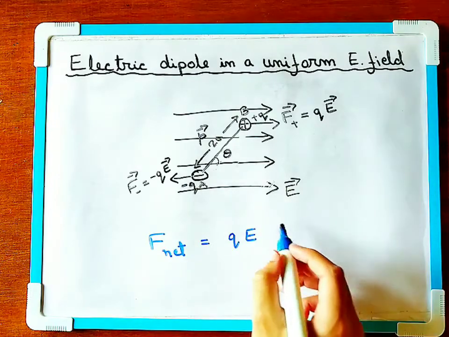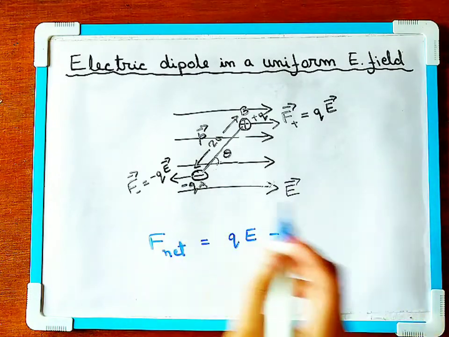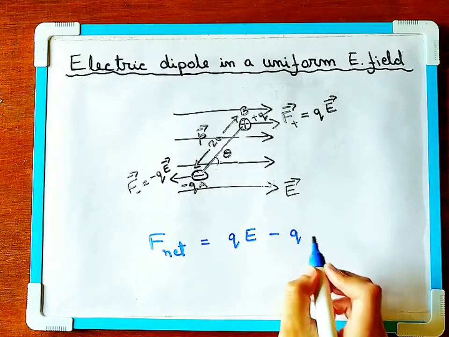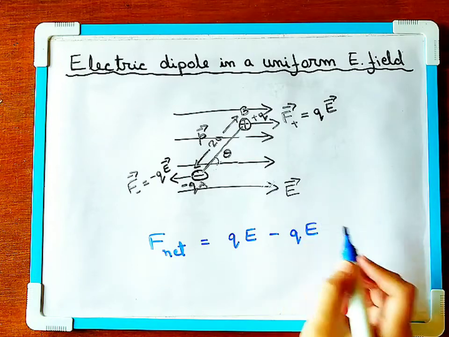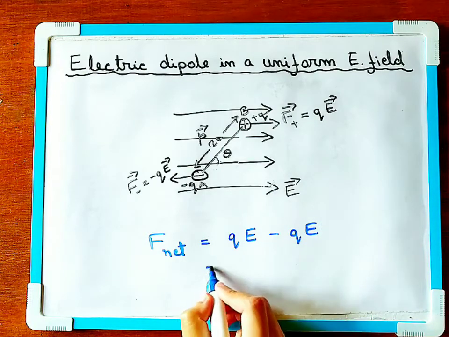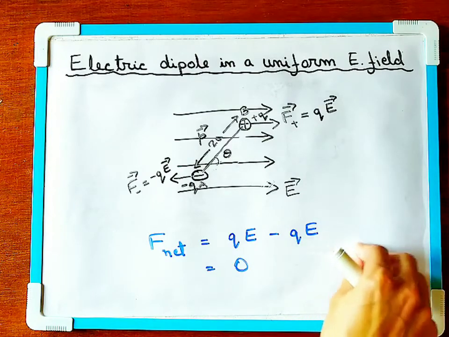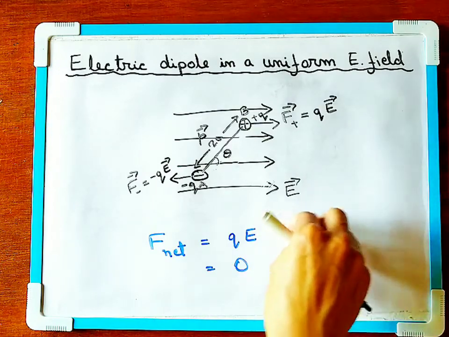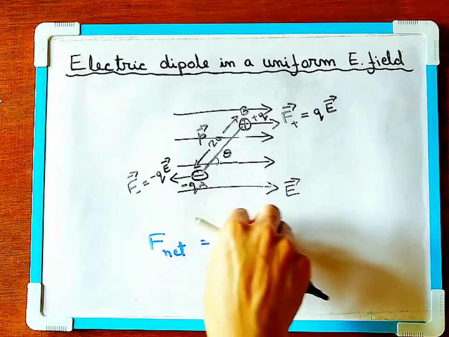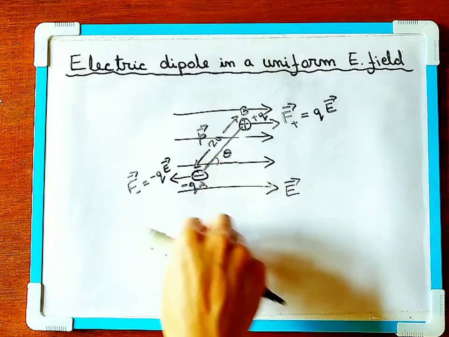Then we have this in opposite direction, so you have to take the difference between the two forces. So hence this would be equal to 0. So the electric dipole will not experience any net force, so it will be in the same position.